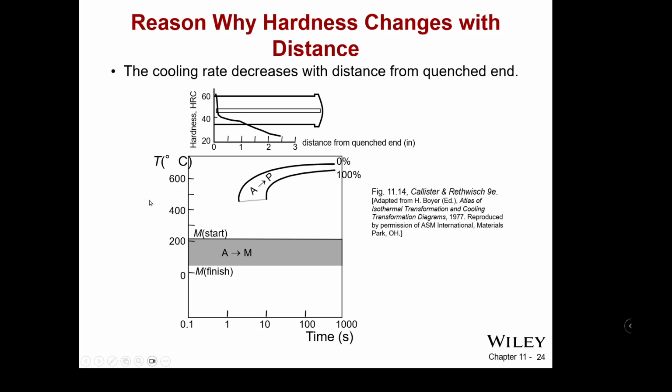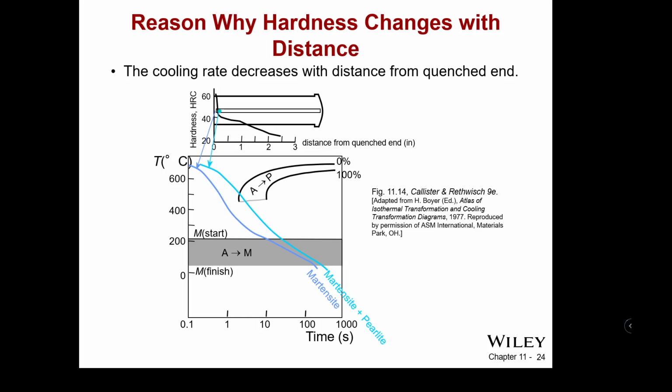So if you're doing an isothermal transformation, you'll see that there is martensite formed in this process. But it takes a little while for it to reach the martensite level because there's an austenite martensite combo.